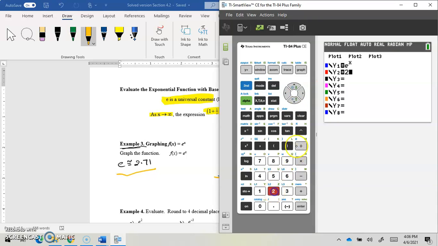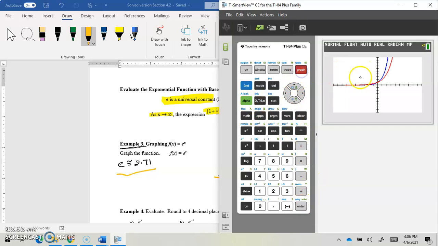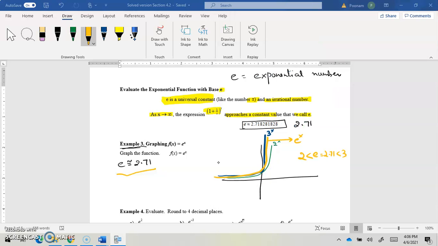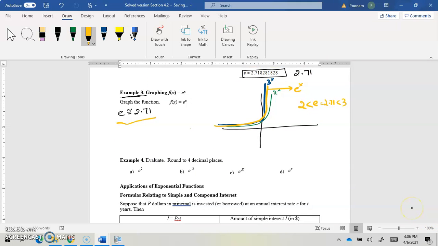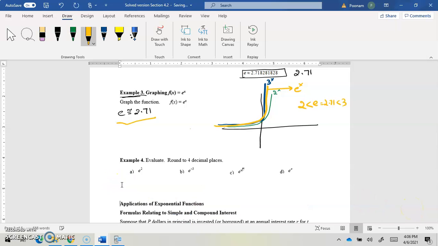If we have 2 raised to power x, that would be the red graph, and 3 raised to power x, that would be the black graph. You will see that blue curve lies somewhere between red and the black curve. Okay, so the graph of e raised to power x is also an exponential function graph. It looks like that.